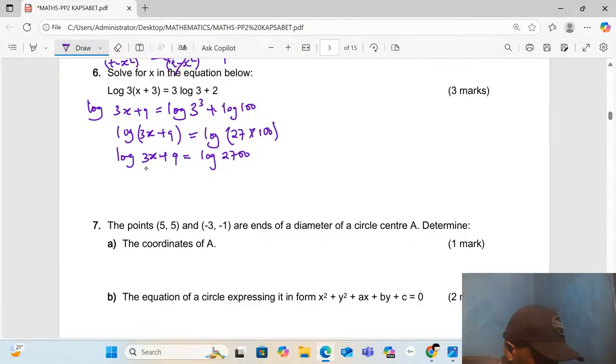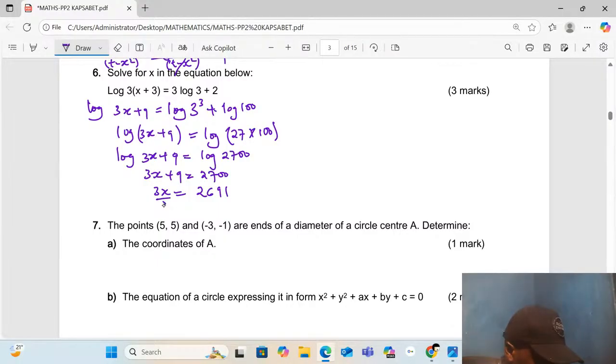Drop the log so that we have 3x plus 9 gives us 2700. You collect like terms so that we have 3x is equal to 2700 minus 9, which leaves 2691.